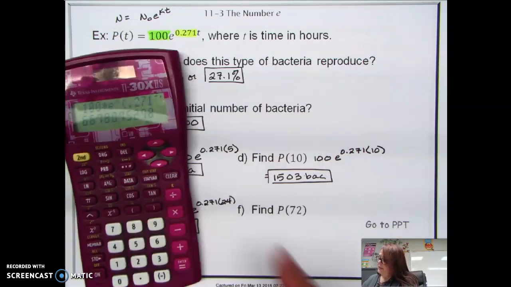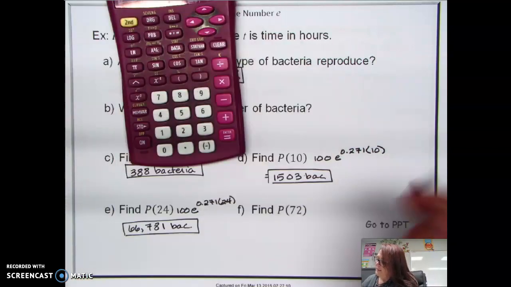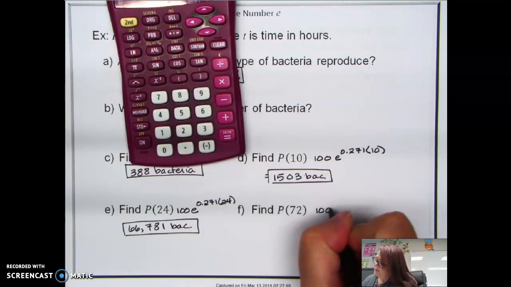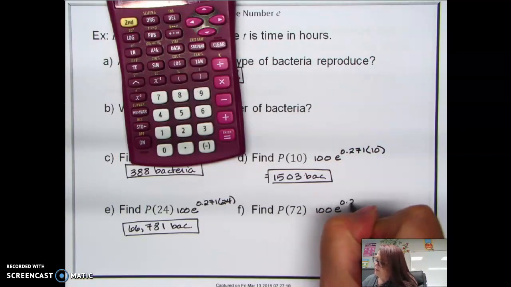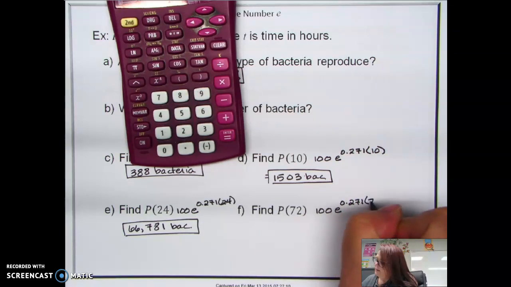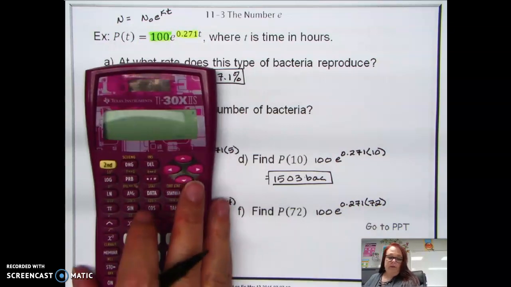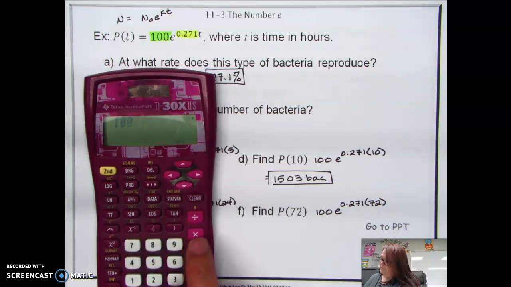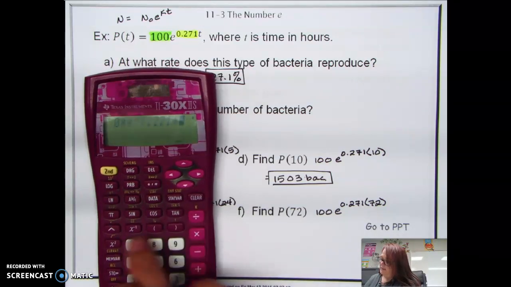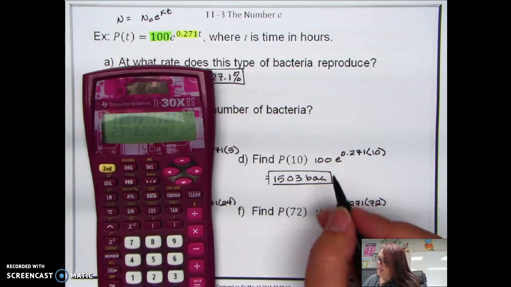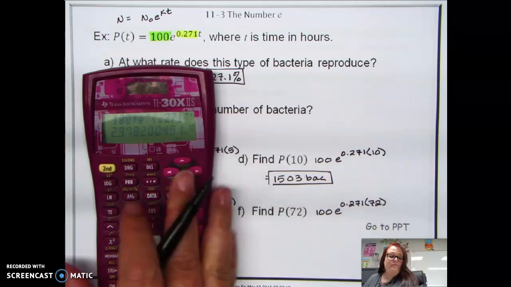And so then looking at the next one, this is after 3 days. We're going to do 100 times e to the 0.271 times 72. And again, this is 3 days. And now we no longer have it in regular form.